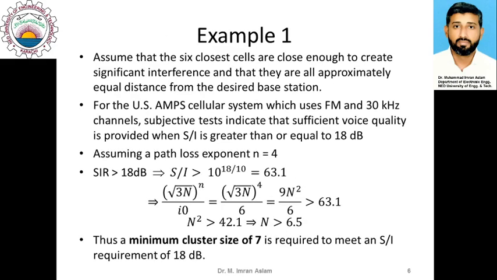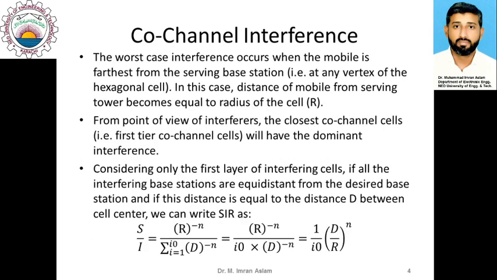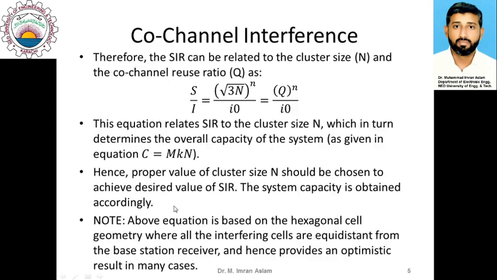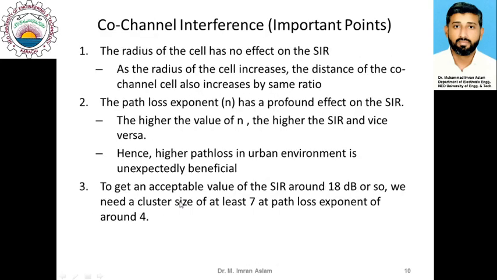You can see it from this expression here that a higher value of n would significantly affect the signal to interference ratio. So having higher value of n would give you higher value of signal to interference ratio. That means having higher value of n is good from the interference point of view, although it gives you higher losses.